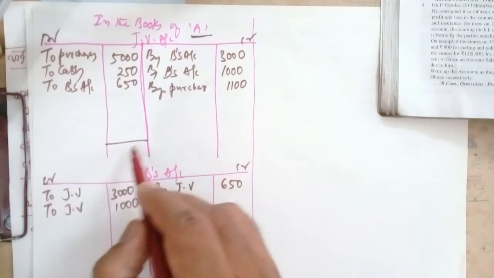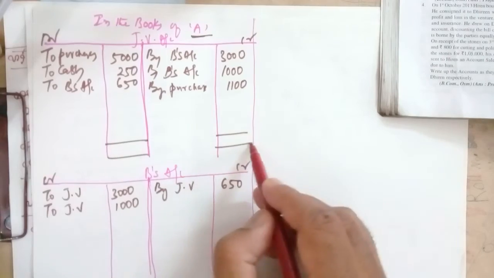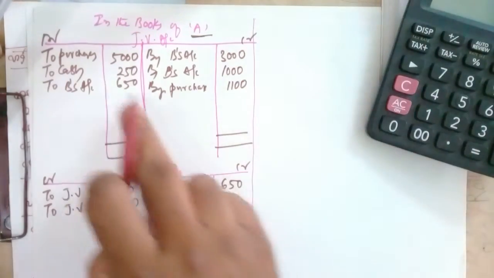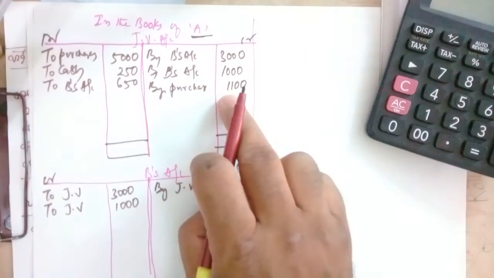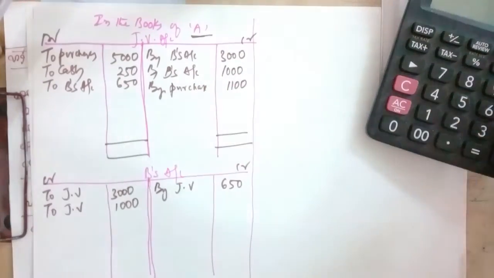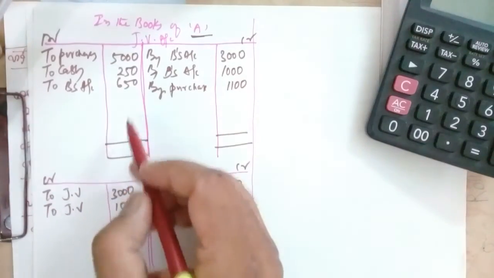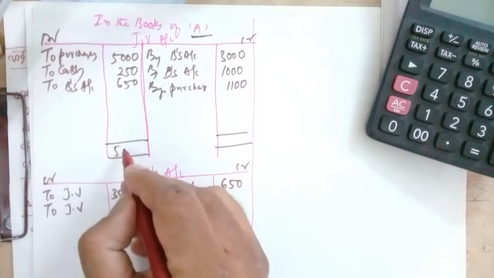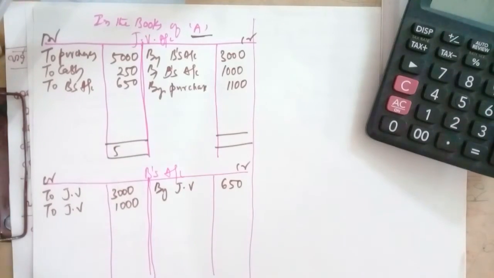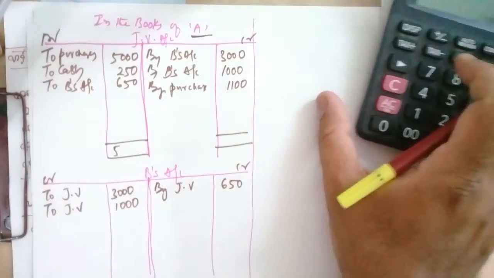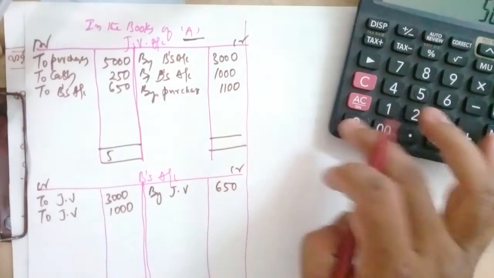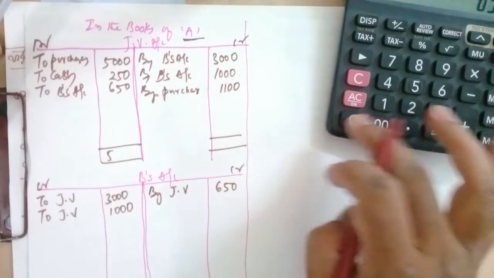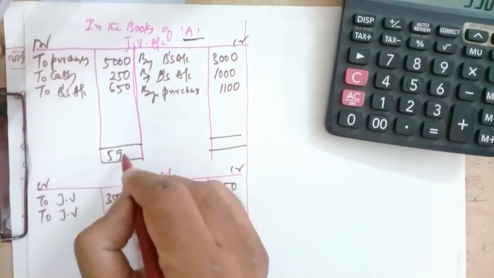Now we will close the account. First, we need to close the joint venture account. When you close the joint venture account, what are you getting? 3,000, 4,000, 5,100, right? So here we are getting more value. We'll make a calculation: 5,000 plus 250 plus 650. So 5,900 it is, sorry.